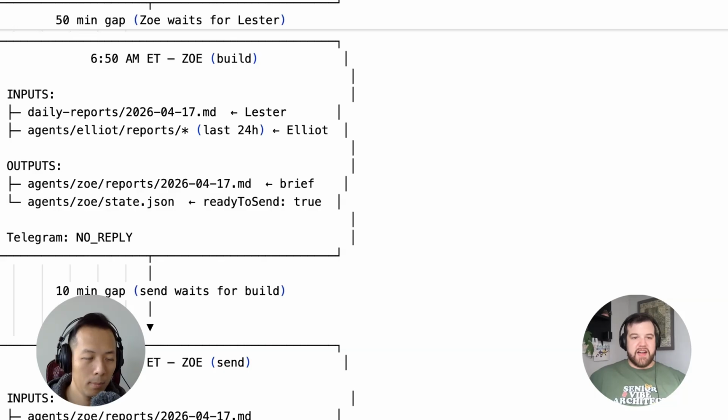So she saves her output in her workspace in a report. And then at 7, she runs again and she grabs her report and sends me a Telegram message. So I get it on my phone, and right around the time that I'm awake, I've brushed my teeth, I'm starting to get ready, and I haven't quite gotten down to get my daughter out of bed, I can quickly scan through that and understand, hey, here's the important things from today.